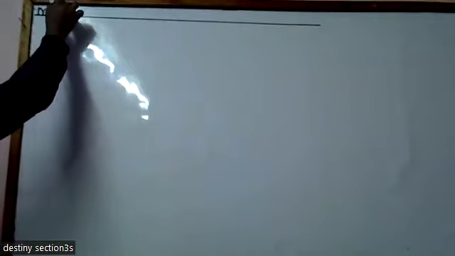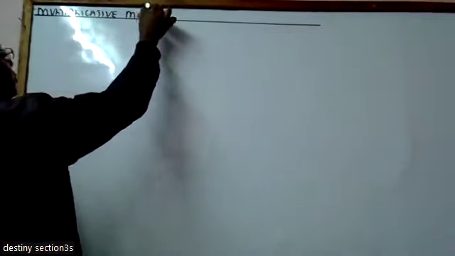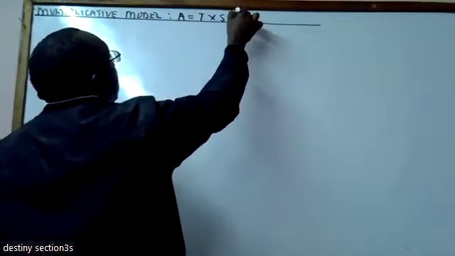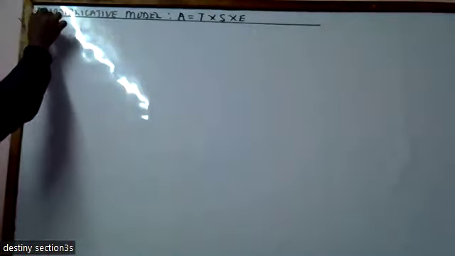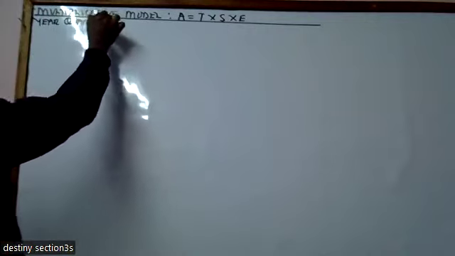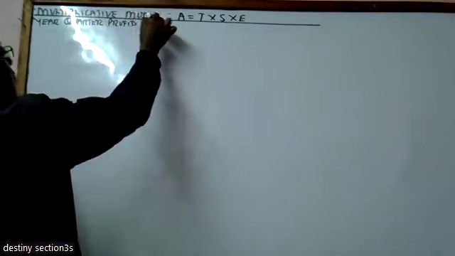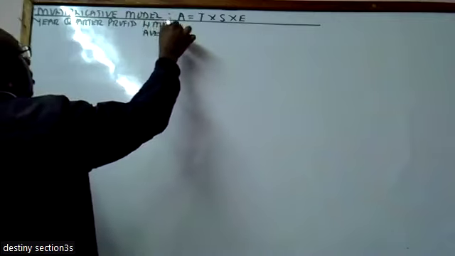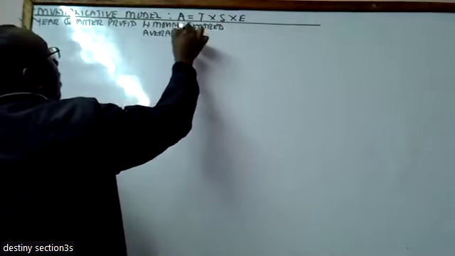So the multiplicative model, where we say A is equal to T times S times E. We have the year, we have the quarter, we have the profits, we have what we call the 4 moving average, and we have what we call the centered average.